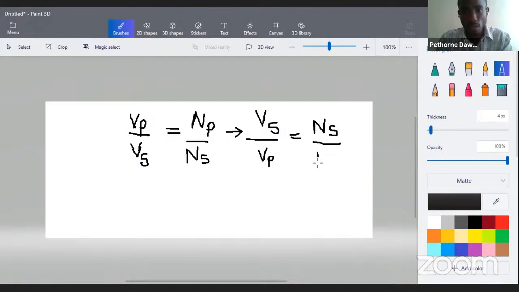Ns is the number of turns in the secondary coil, and Np is the number of turns in the primary coil. So this is the equation you want, because Vs over Vp is the gradient and Ns over Np is what relates to the gradient. Now, how does this tie into our question?